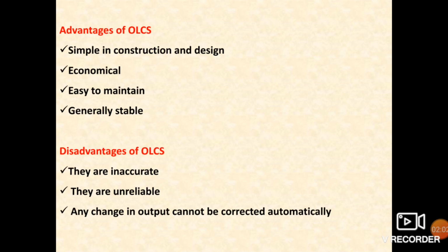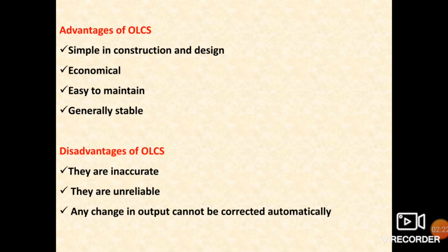Next, what are the disadvantages of open loop control system? The output or the result obtained from the open loop control system is not accurate. It is inaccurate. Why are we saying this?